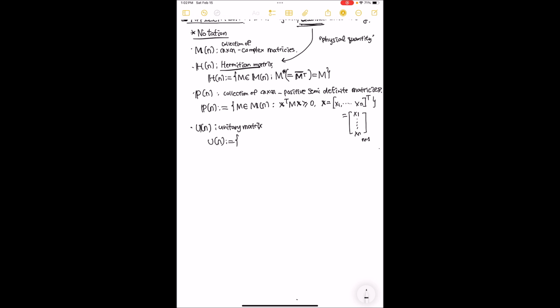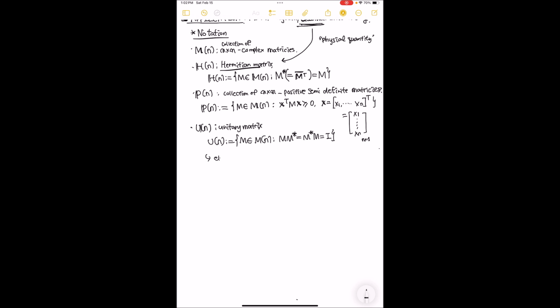Explicitly defined, that is M star M is equal to the identity. Note that Mn is a complex matrix.